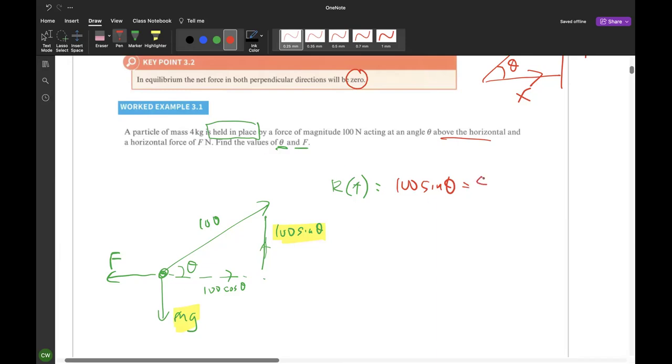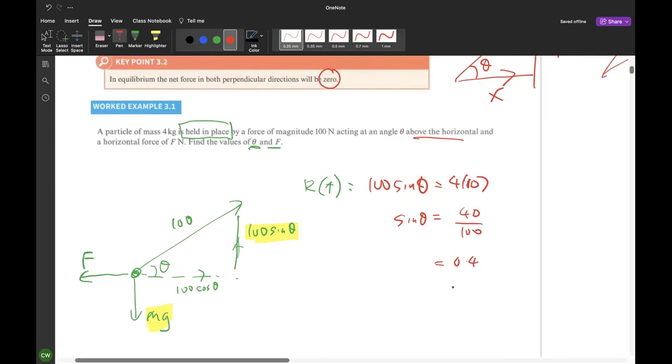M is 4, g is 10. So sine theta is 40 over 100, 0.4. Theta will be arcsine 0.4. In degree mode, 23.6.